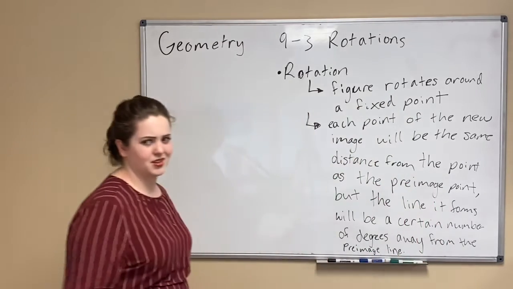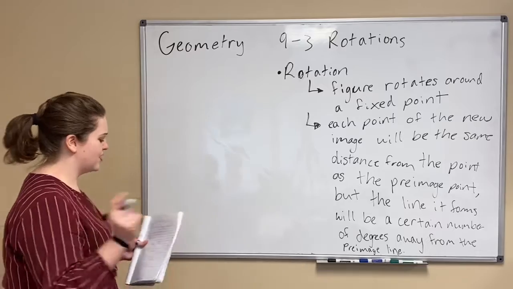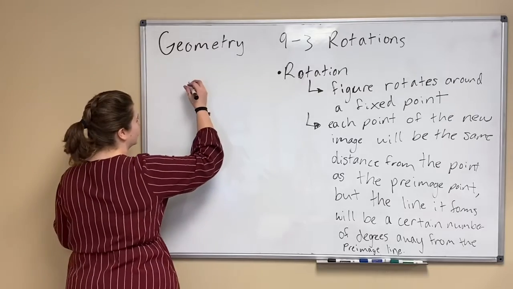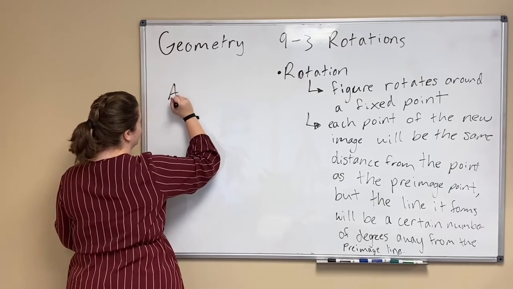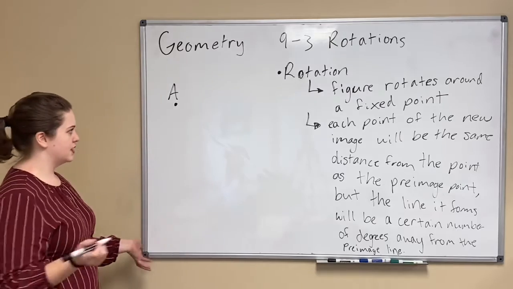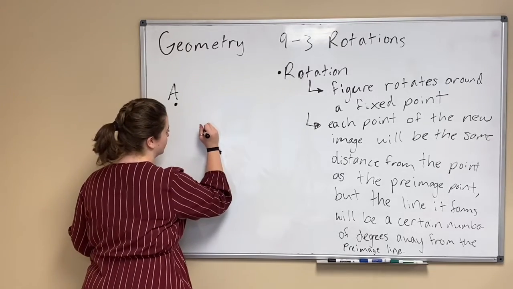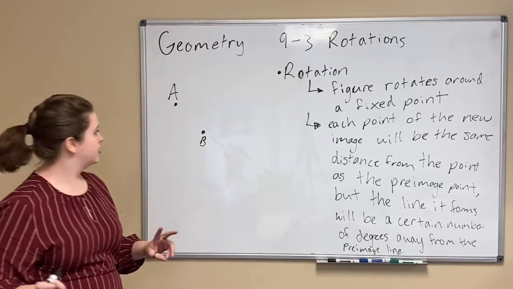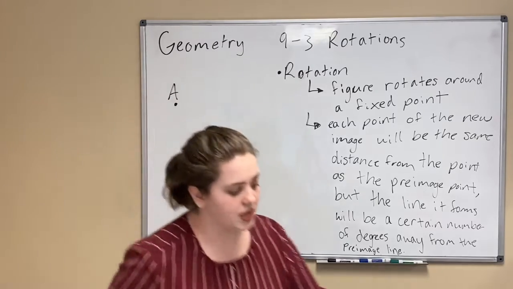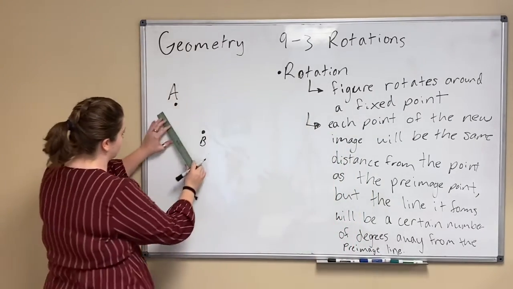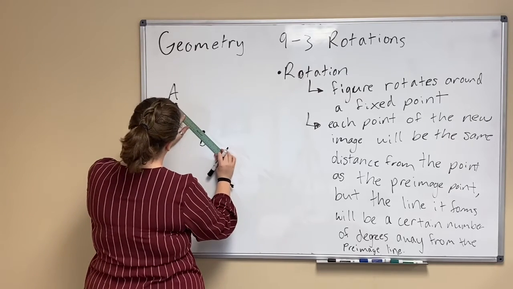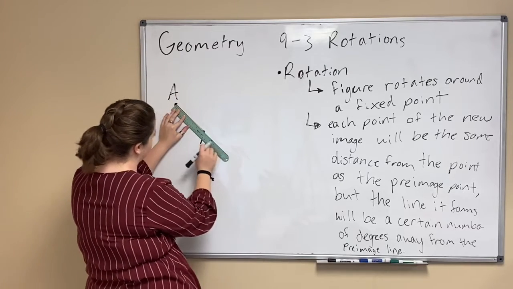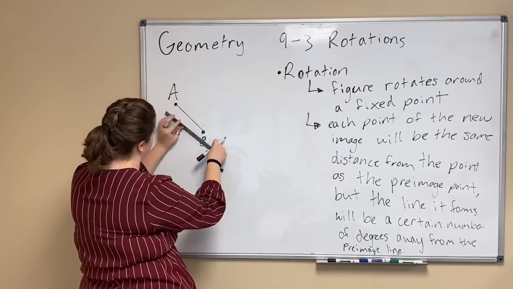I know it's a lot of words and that's kind of a confusing way to say it, so I think I'll just show you what I mean. Basically, if I take my A, it's right here, and I say rotate this A around a fixed point B, what I have to do is first make an imaginary line from A to B. Now that line is about 6.5 inches long.